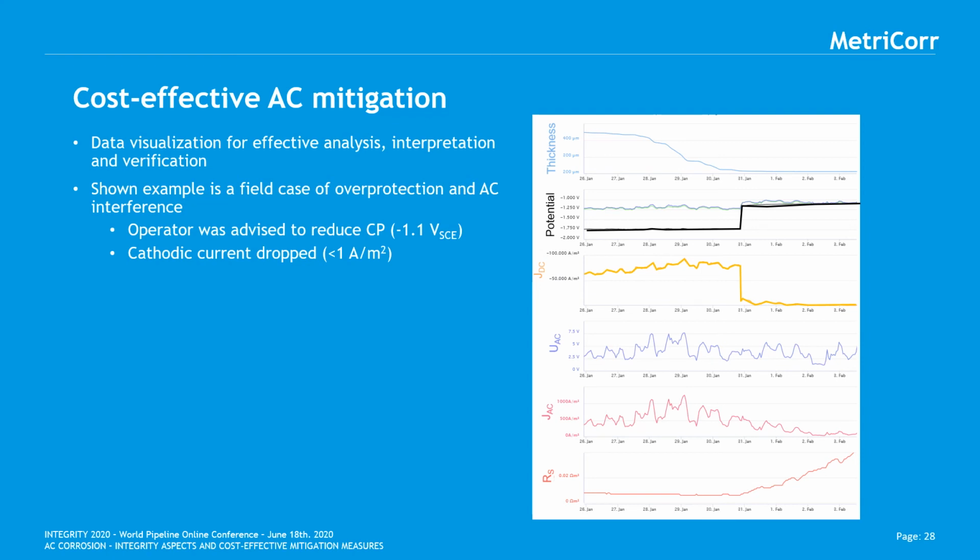As a result, the cathodic current dropped instantly and eventually reduced to below 1 amp per square meter. As a consequence, the spread resistance increased dramatically, and therefore the AC current density decreased back to below 100 amps per square meter.